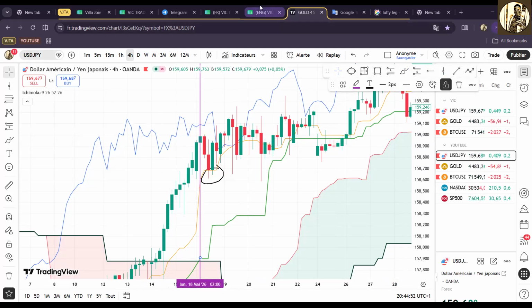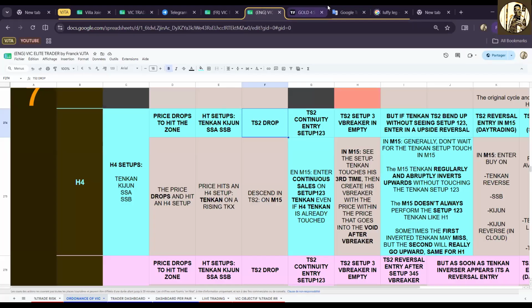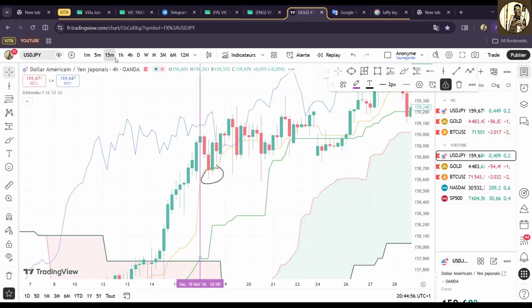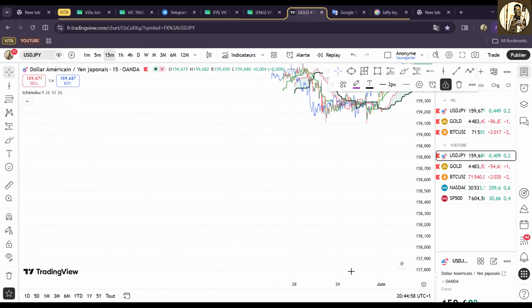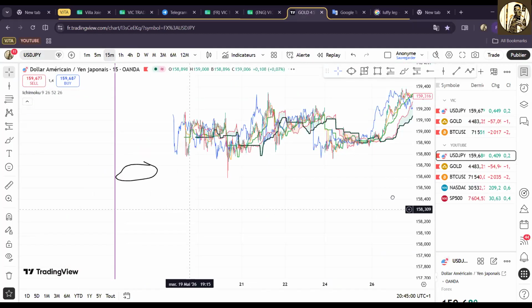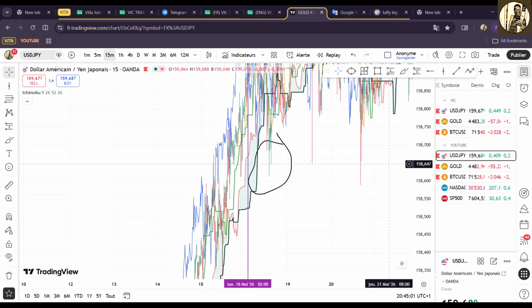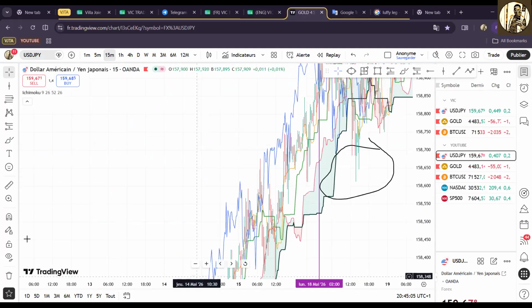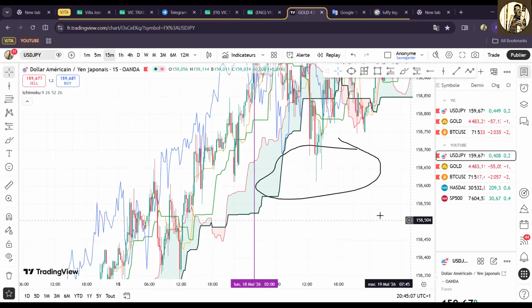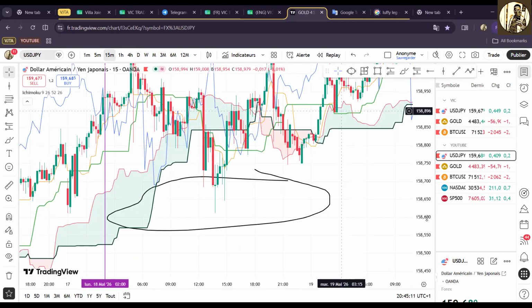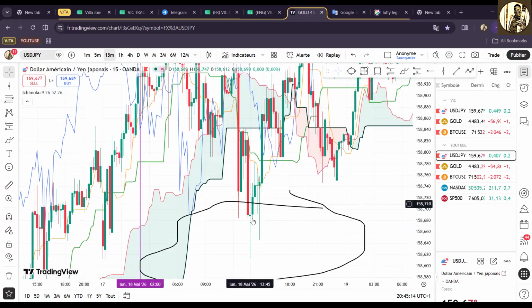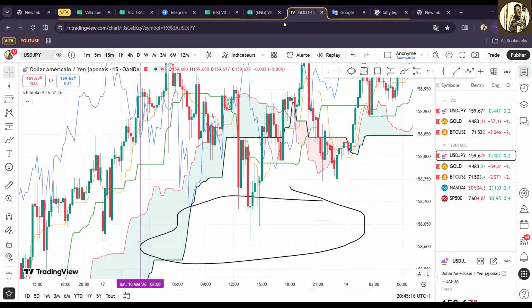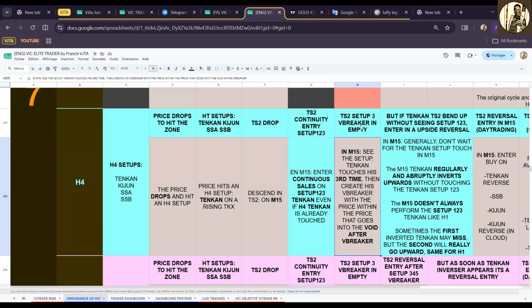So now let us go on 15 minutes to find the entry. On 15 minutes, what we'll be looking at is that when the price drops, what I try to explain here is that you keep selling this price.